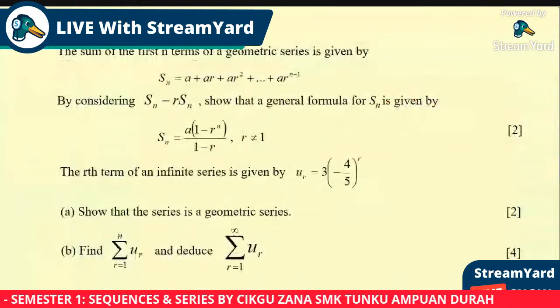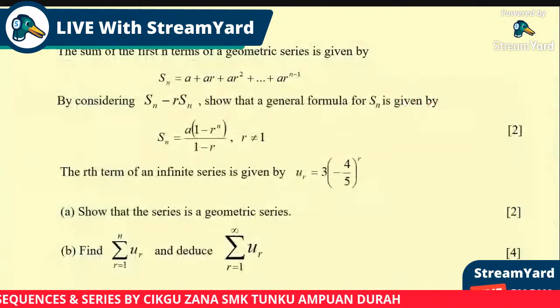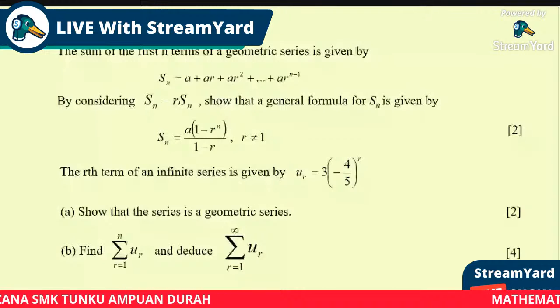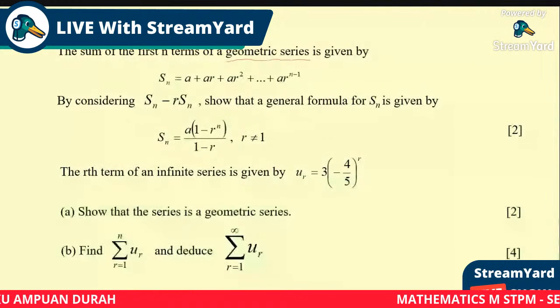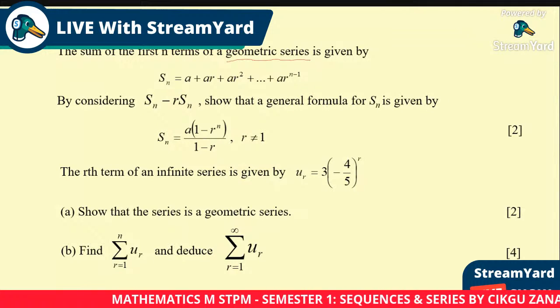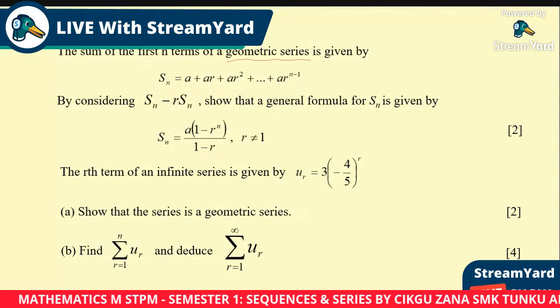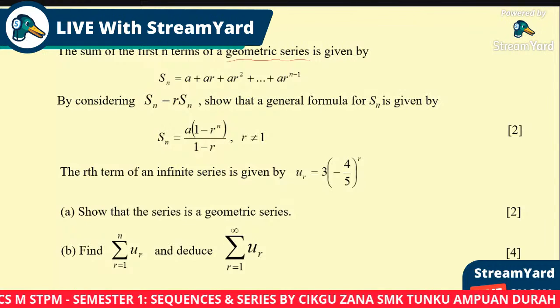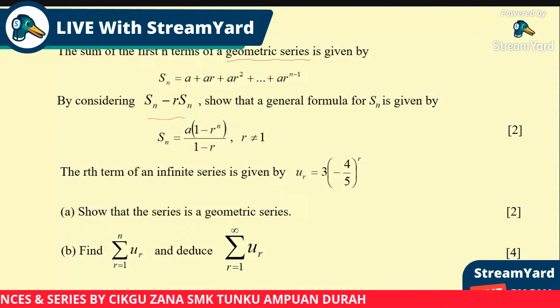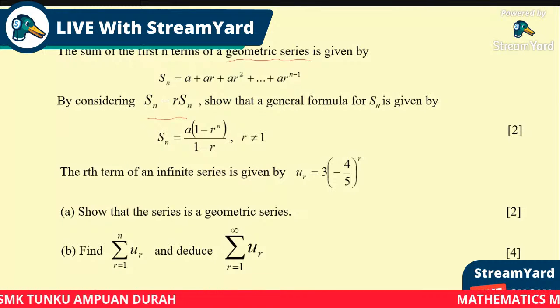Right. This is 2019. Besides the arithmetic series, they can also ask you geometric series. Here they ask you to show the general formula for the sum of the first n terms of a geometric series. You can find this in your textbook actually. And they're guiding you by considering Sn minus r Sn to show the sum of the first n terms is this formula.